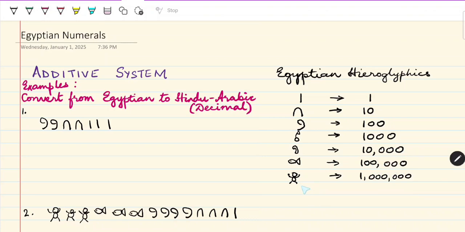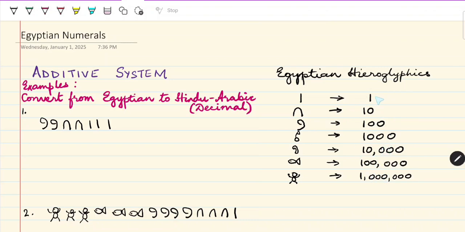And then finally we have what's called an astonished man, is how it is described, and that has value 1 million. So here are all the different symbols in the Egyptian numerals, 7 of them, and these are their corresponding values in the Hindu Arabic system, or the decimal system.